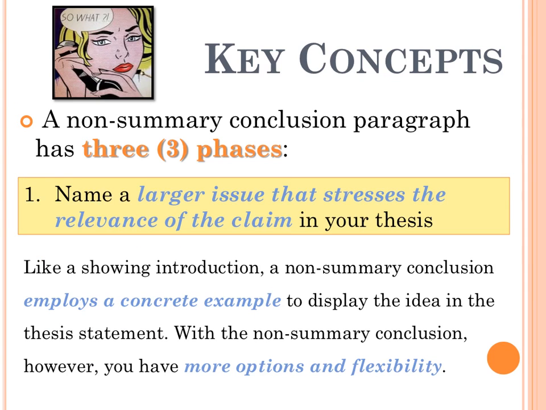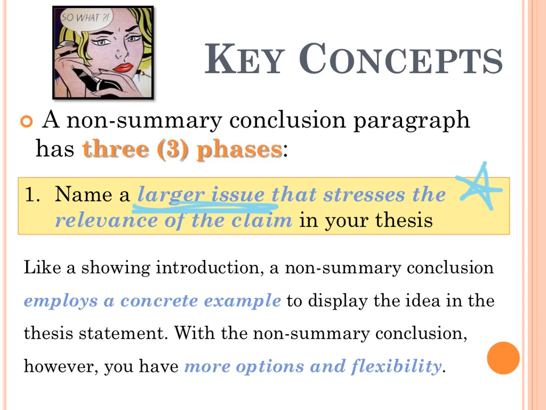So there are three phases to a non-summary conclusion paragraph. The first phase is where you try to name a larger issue that stresses the relevance of the claim, a larger issue that will help answer so what, or why does what you just argued matter.